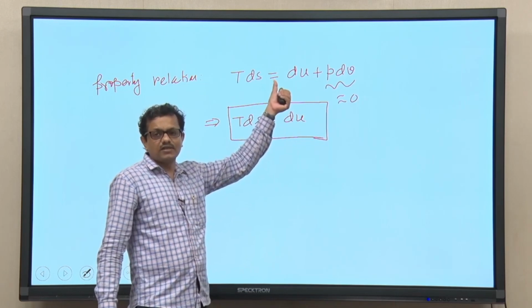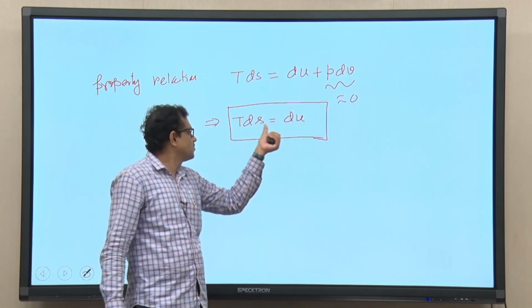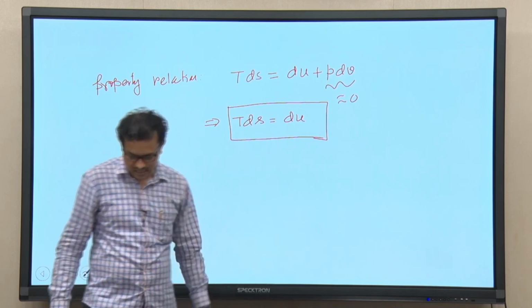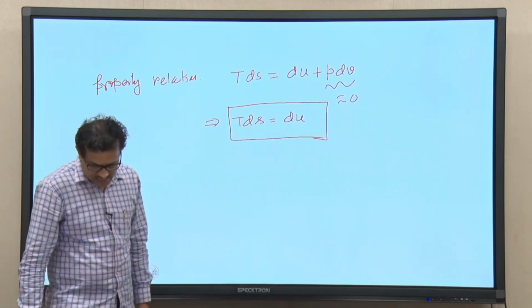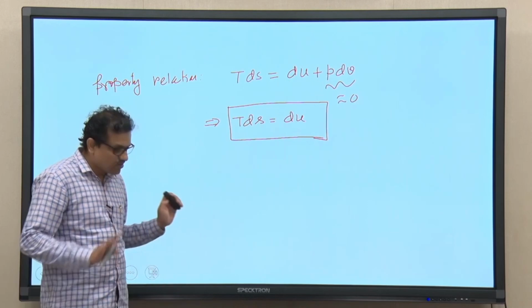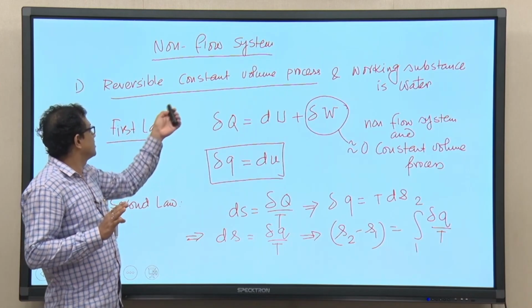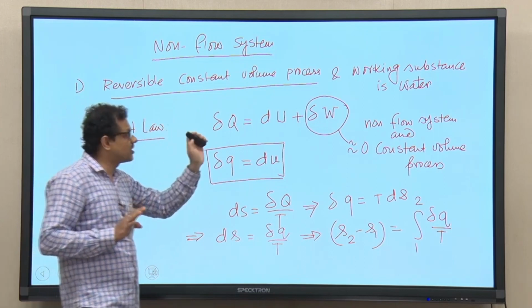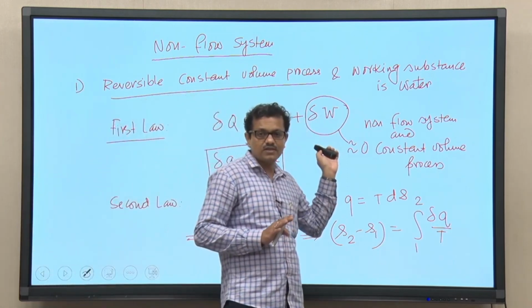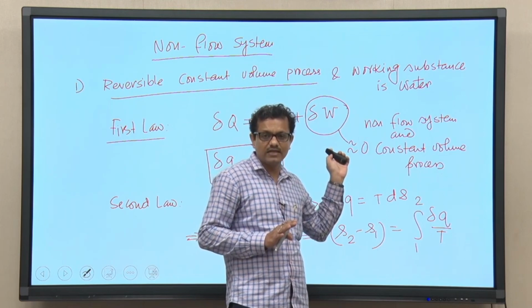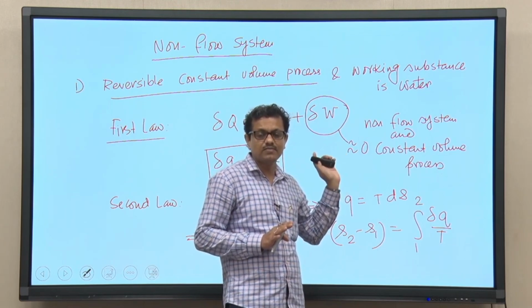So long as the process is reversible, that is not an issue. For this reversible constant volume process with water as the working substance, we have systematically written the first law, second law and property relation.